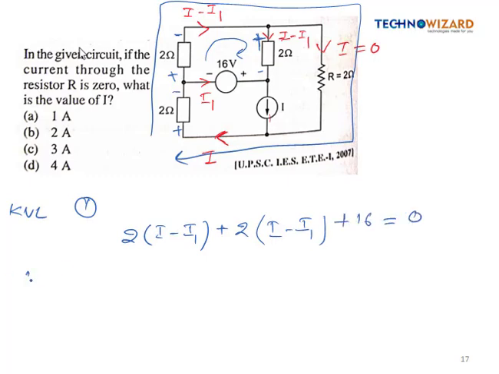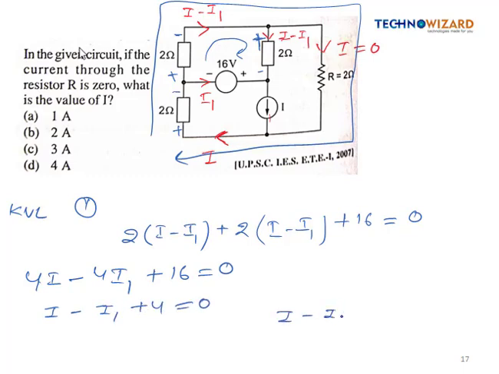So it will be simply 4 into I minus 4I1 plus 16 is equal to 0. So it can be written as I minus I1 plus 4 is equal to 0. It means I minus I1 is equal to minus 4. This is equation 1.